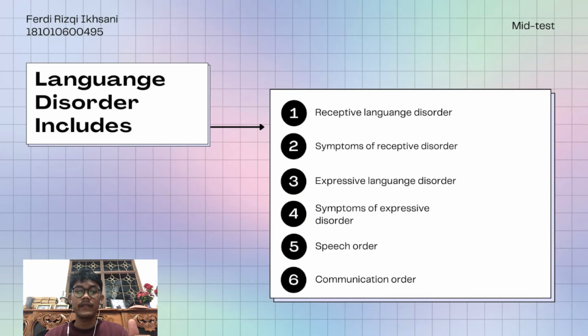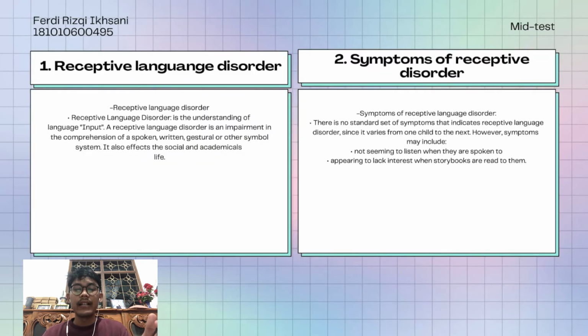So the first one I want to explain is receptive language disorder. This is the understanding of language input. Receptive language disorder is an impairment in the comprehension of spoken, written, gestural, or other symbol systems.